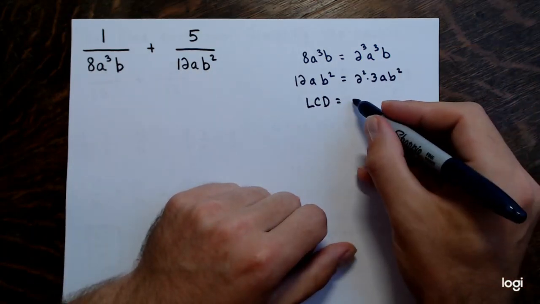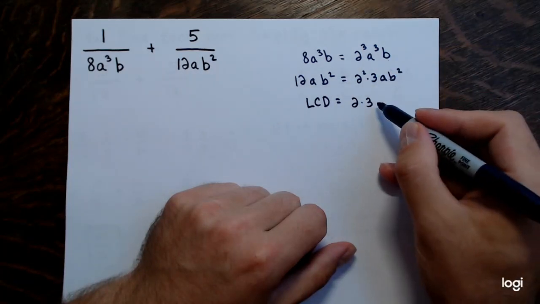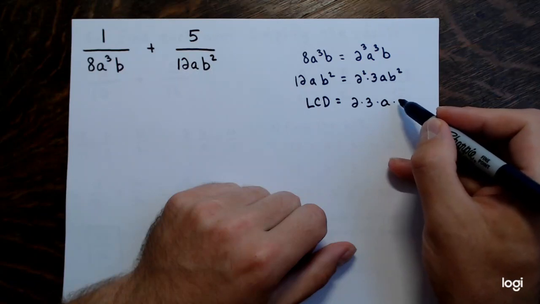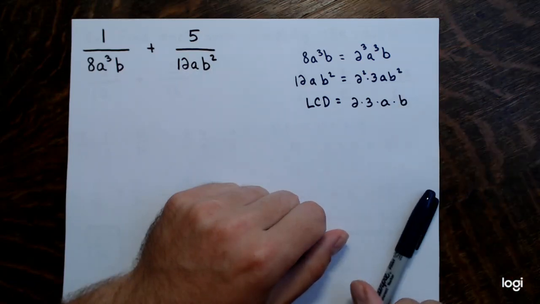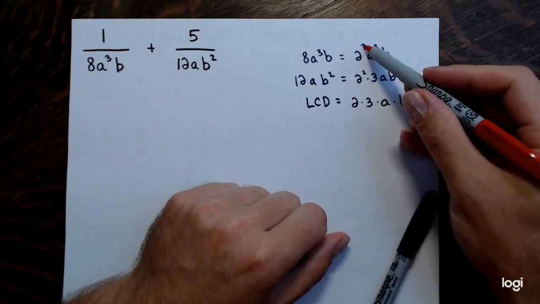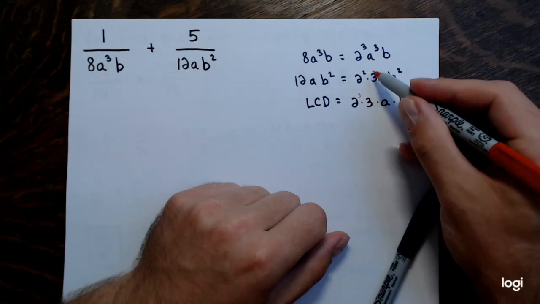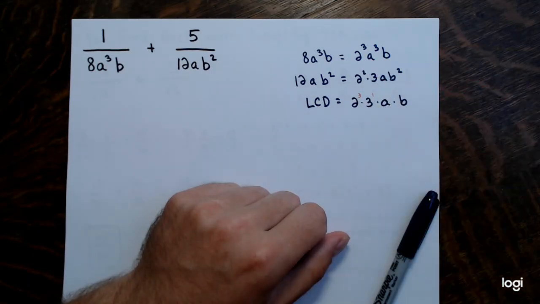is going to have a power of 2 times some power of 3, right? 3 shows up in these, times some power of a times some power of b, and then the powers on these, well, the highest power of 2 I'm seeing is 2 to the third. The highest power of 3 I'm seeing in these factorizations is 3 to the first, or just 3 you can put.